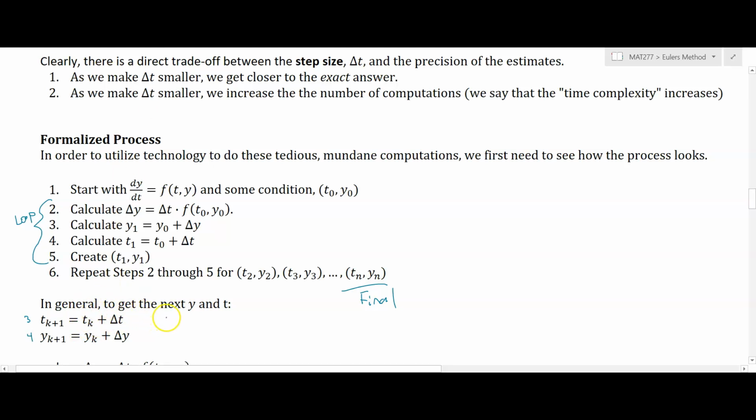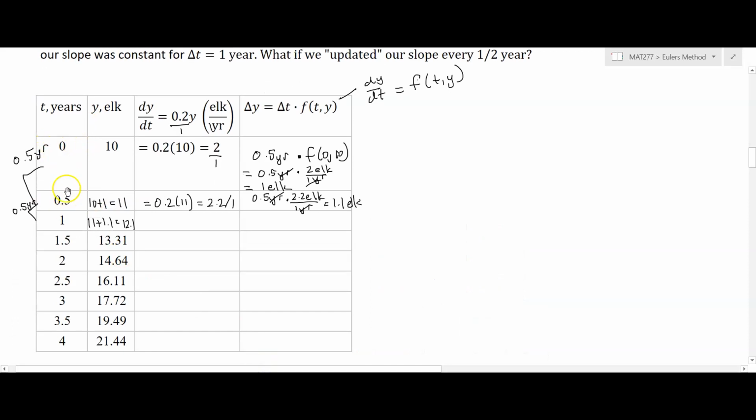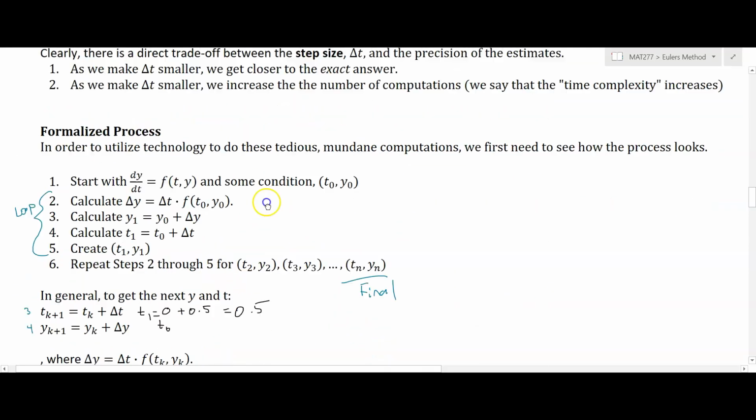For example, if right now we're at time 0 and our time step is a half, so this right here is t0 and I want the next time step, 0 plus a half will give me 0.5. So back here at our table, we could think of this as being t0, t1, t2, t3, t4, t5, t6, t7, t8, and this says y0, y1, y2, y3, y4, y5, y6, y7, y8, and so on.